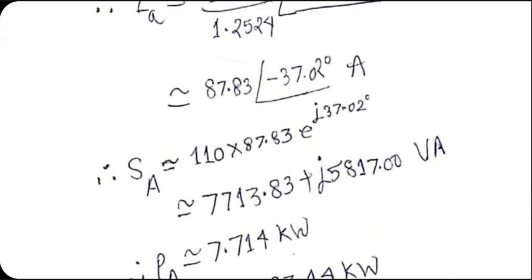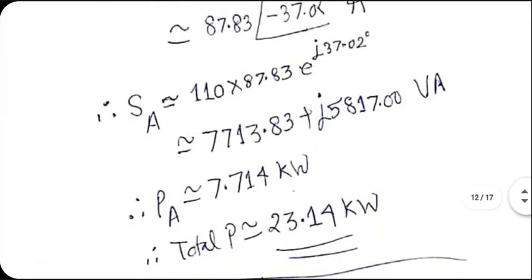So in phase A, PA is 7.714 kilowatt approximately, and QA is 5817 VAR. Okay. The consumed power in phase A is 7.714 kilowatt.